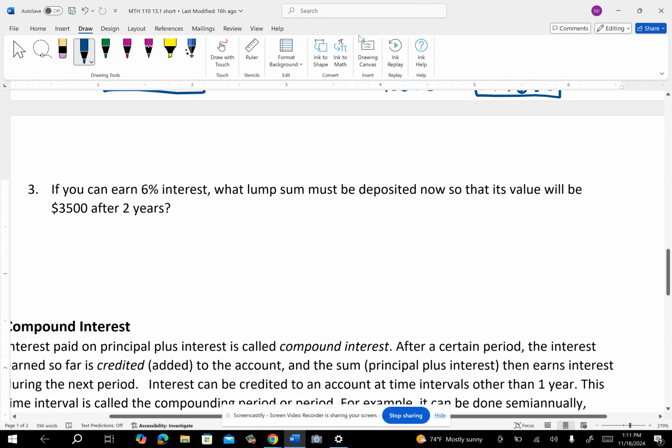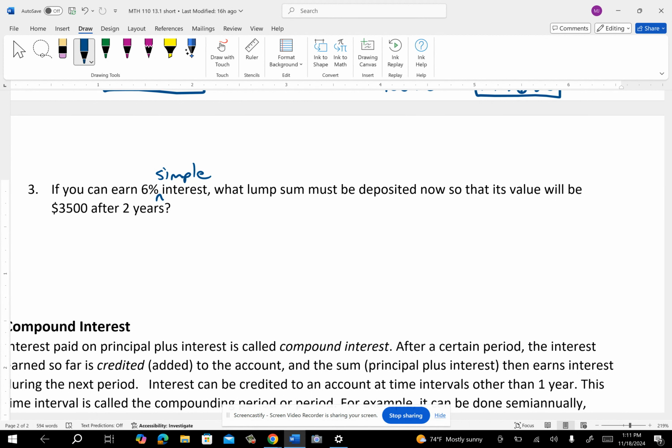All right, now let's also do one more thing. This question is also going to be a simple interest question. If you can earn 6%, let me add in that simple so it's clear: 6% simple interest, what lump sum would you need to deposit now so that its value will turn out to be $3,500 after 2 years?